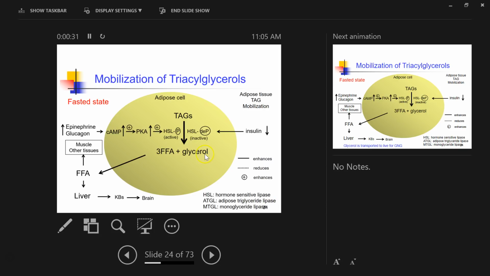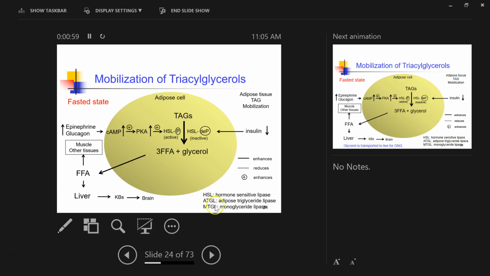Mainly this process occurs in the adipose tissue cell, and the lipase involved in the hydrolysis of triglyceride breaks down triglyceride into three free fatty acids and the glycerol, and this process occurs under the fasting condition.